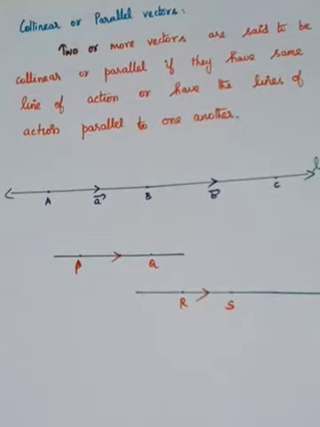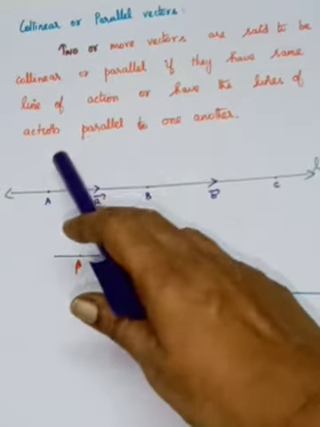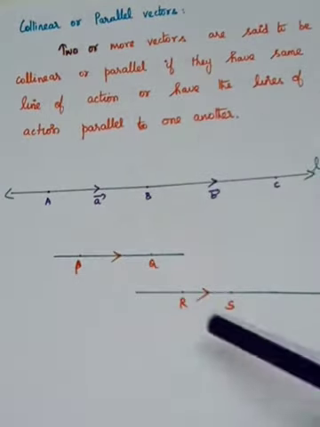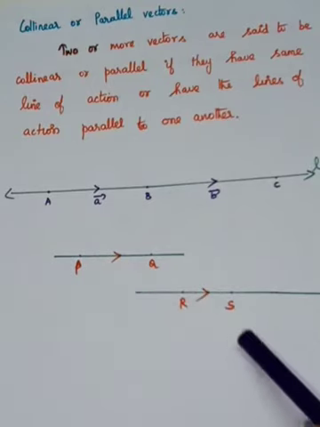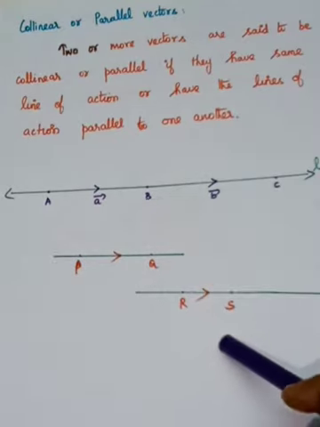So collinear means two or more vectors lie on the same line, or they have the same line of action. If two or more vectors are parallel, those vectors have the lines of action parallel to one another. Here I have drawn PQ vector and RS vector. They are parallel vectors.